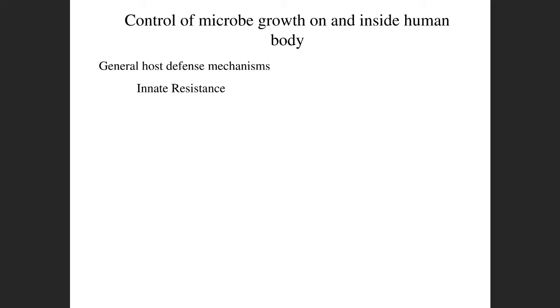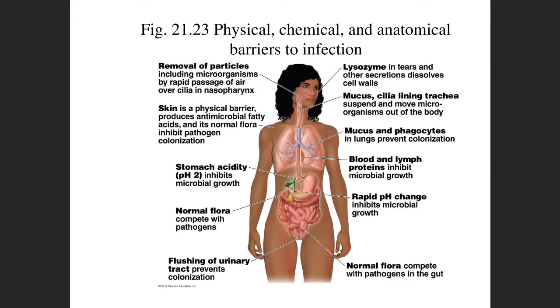So I wanted to start by discussing what innate resistance is. Innate resistance refers to the physical barriers and conditions that prevent bacteria from colonizing. The physical barriers are like the skin, and the removal of particles by the mucus.